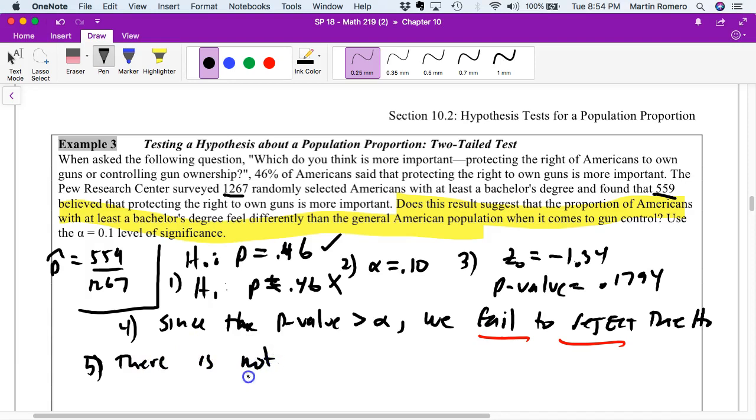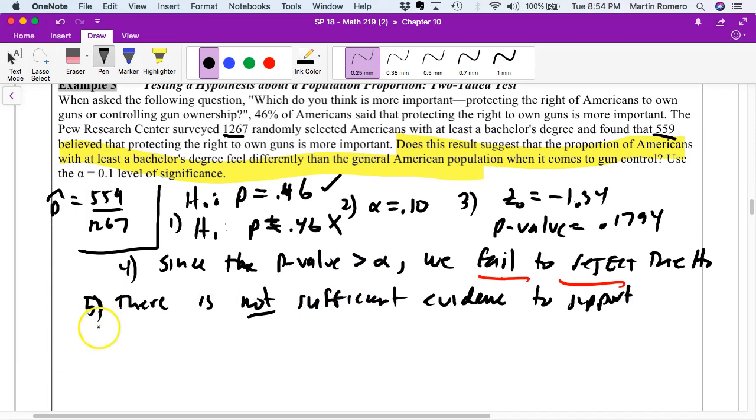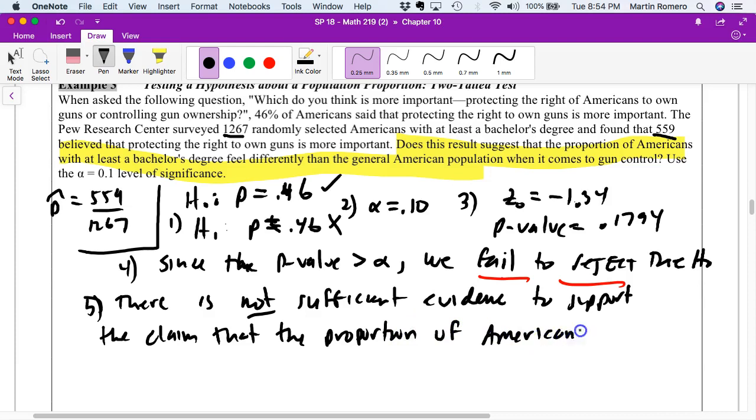there is not, because we're failing to reject, sufficient evidence to support the claim that the proportion of Americans with at least a bachelor's degree feels different than the general public.